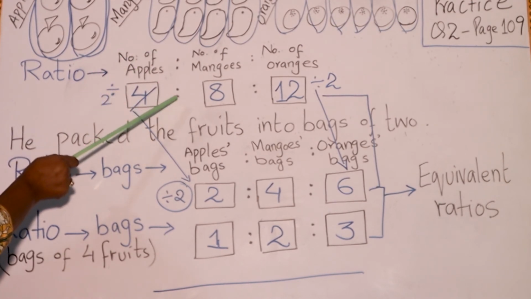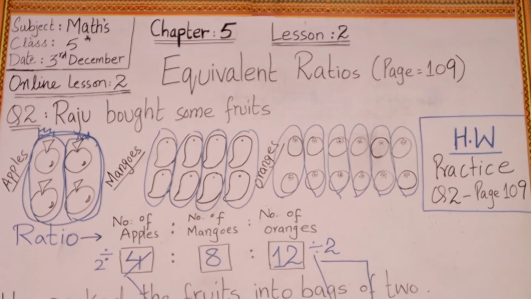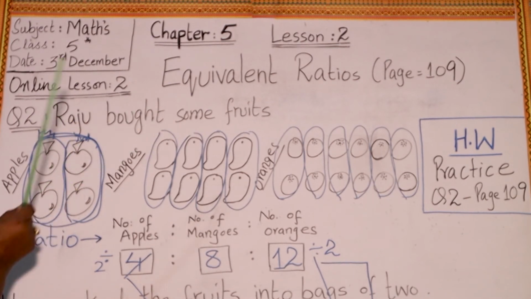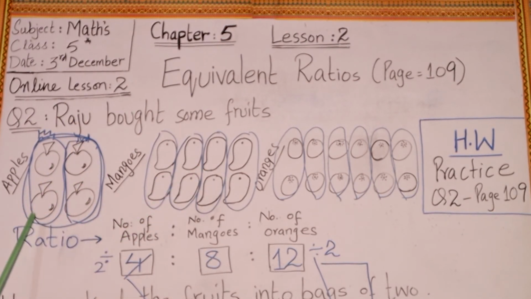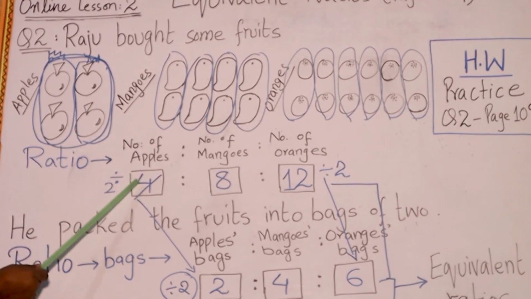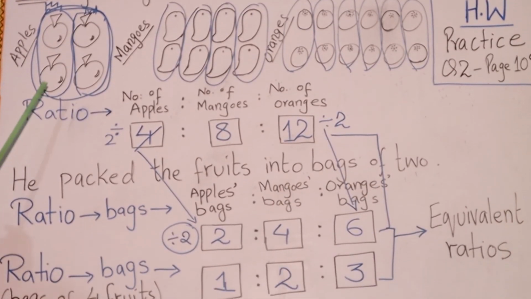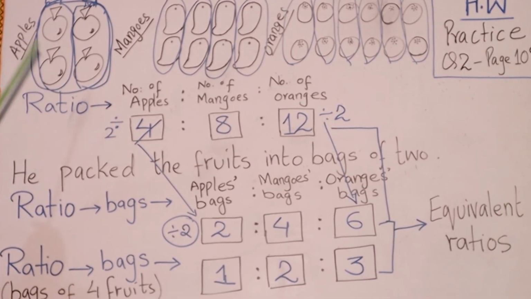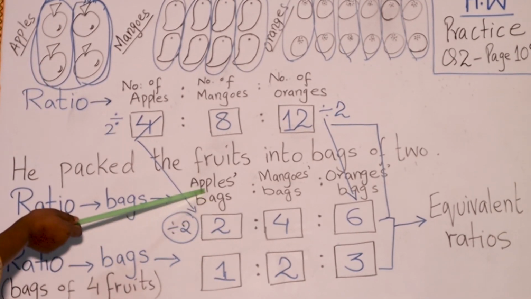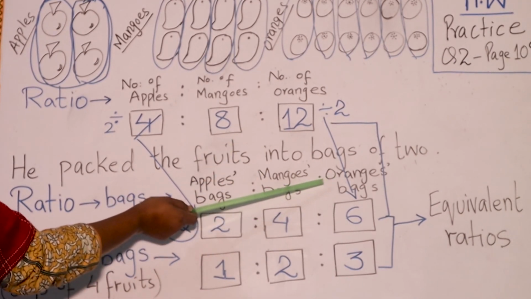Again, our today's topic is equivalent ratios, and we have seen that Raju bought some fruits. The first ratio is for the number of fruits, 4:8:12. Then he packed 2 fruits in a bag and found the ratio of bags. Here we get 2 bags for apples, 4 bags for mangoes and 6 bags for oranges.